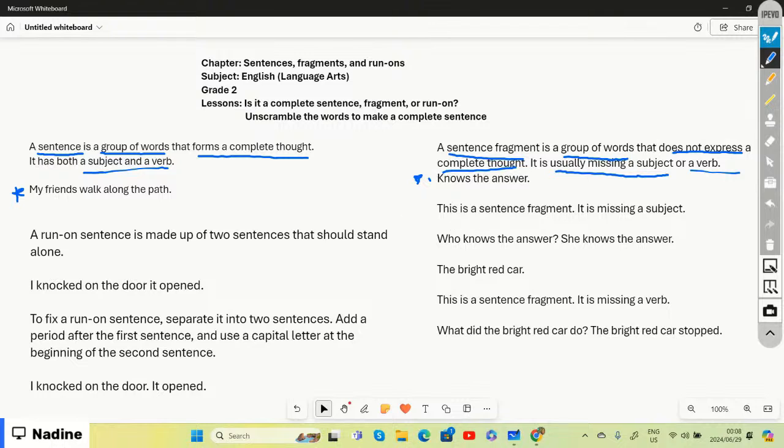If we look at an example of a sentence fragment, it says, knows the answer. If you look specifically at that sentence, you need to ask yourself, who knows the answer? If there's no subject, then it is a sentence fragment, because remember, a complete sentence has a subject and a verb.